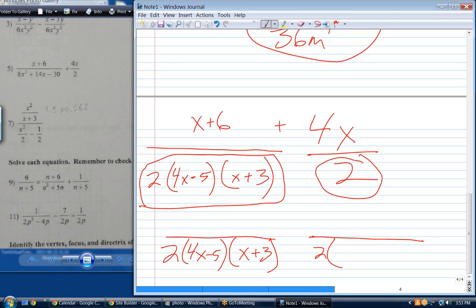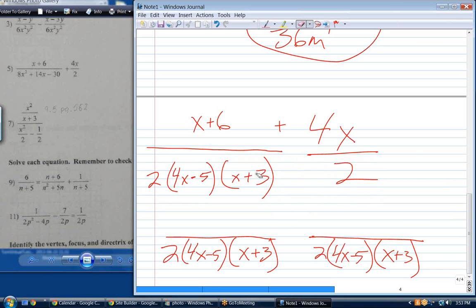So this is my common denominator for both terms. Do you see why I do not have to multiply? I could have multiplied 2 by that, and I would have had a 4 here, and 4 would have been fine as a common denominator. It's just bigger than I need. You always want to use your lowest common denominator.